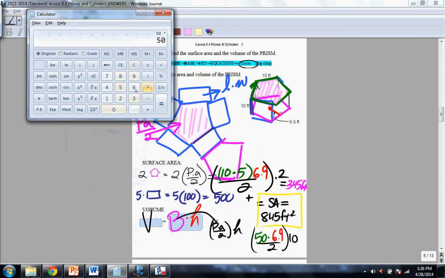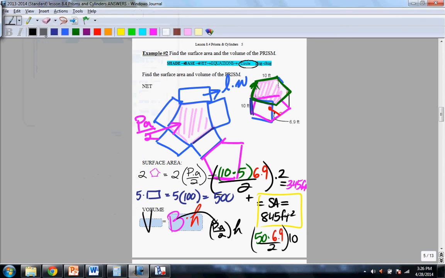So 50 times 6.9 divided by 2 times 10, and my volume is going to be 1725 feet cubed.